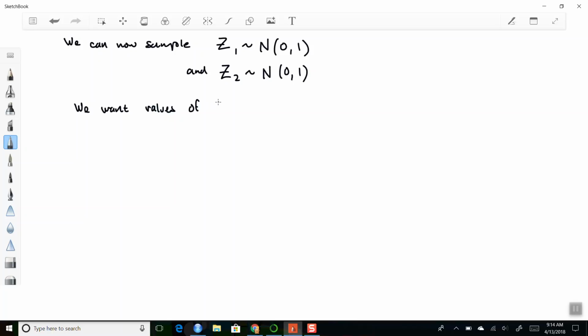We want values of x that will have x1 and x2 coming from normal with mean vector mu and covariance matrix sigma.